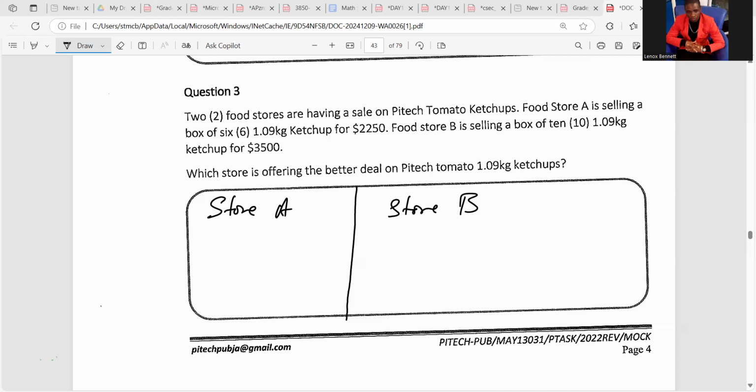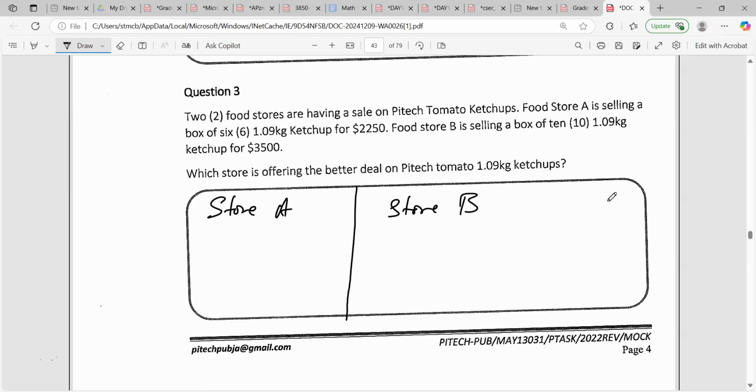All right, somebody say they chose this one, even though it's more expensive. Hold on, let me check some.